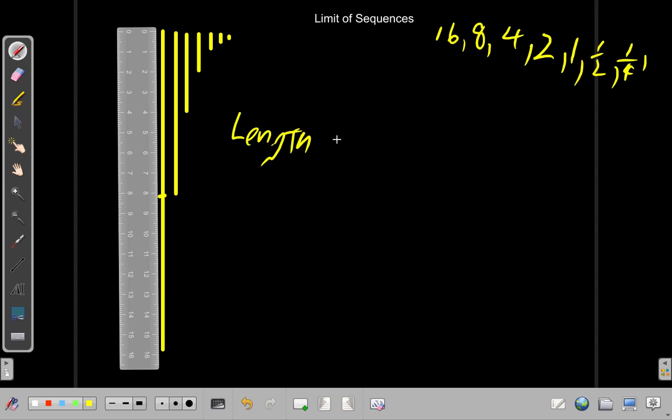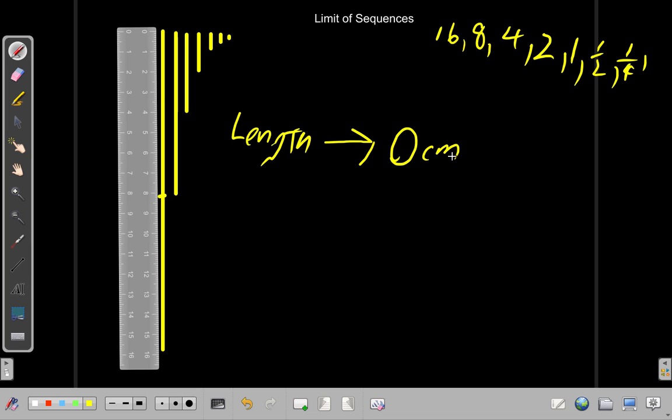The length left over is heading towards 0 centimeters. That's where it's going. The thing is, it will never reach there. Theoretically, it will never reach 0. It keeps getting closer and closer to 0.